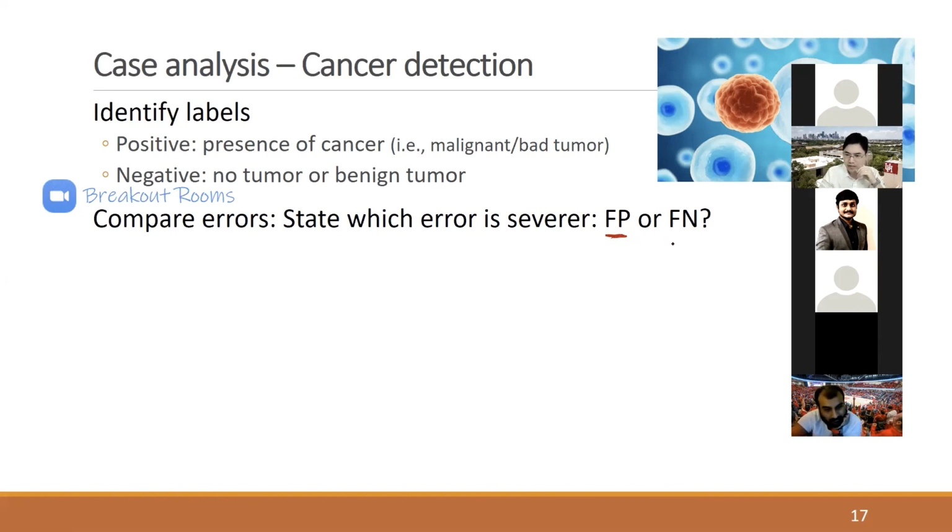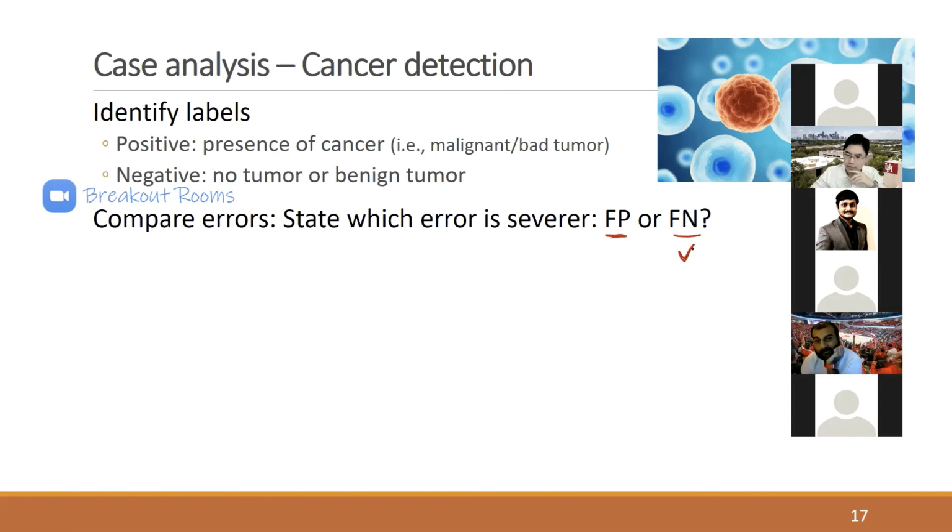And a false negative? When in the presence of a cancer, you detect it as no cancer. Right. Or benign tumor. Okay. Which one of these is severer? I would say false negative. Yeah, false negative is severer.